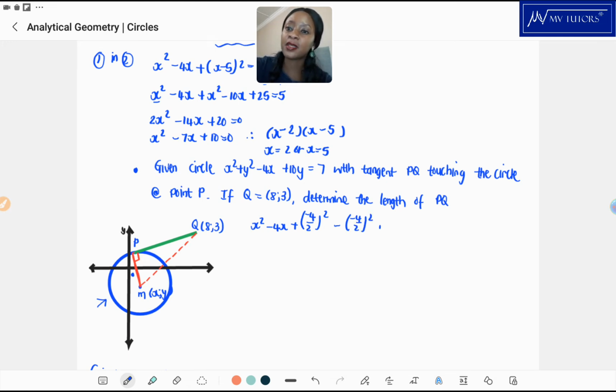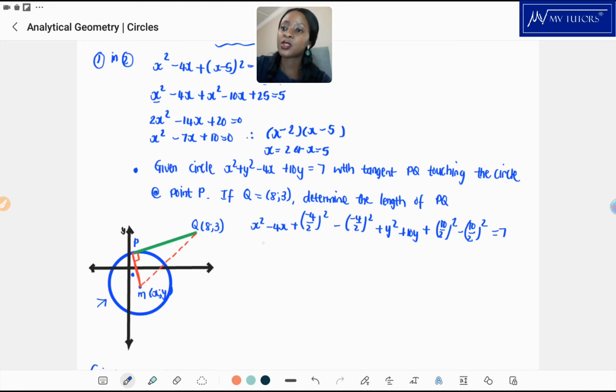Then I have y squared plus 10y, plus 10 over 2 squared minus 10 over 2 squared, and that is all equal to 7.